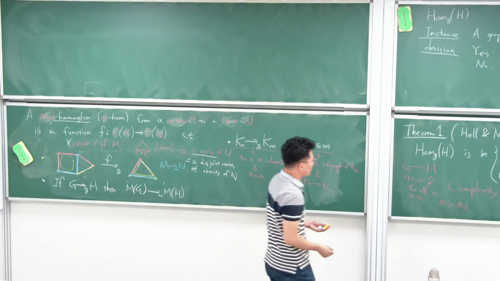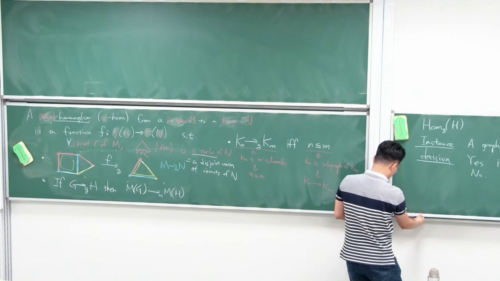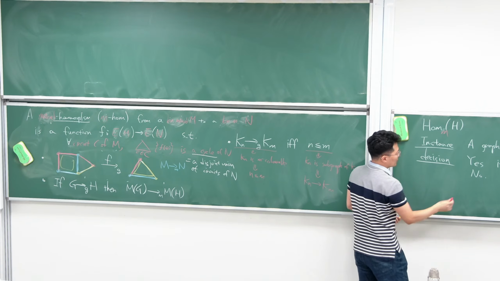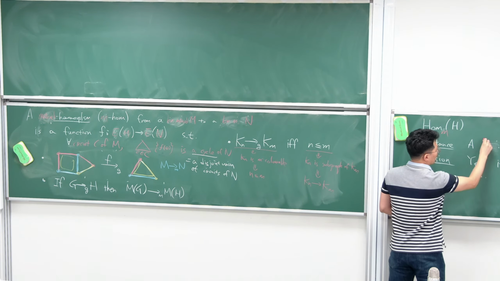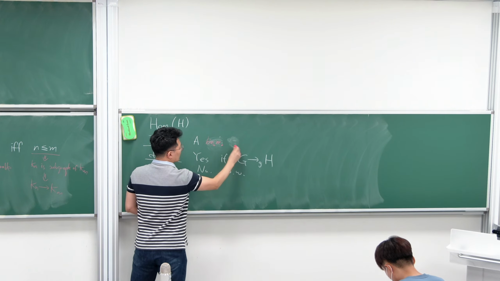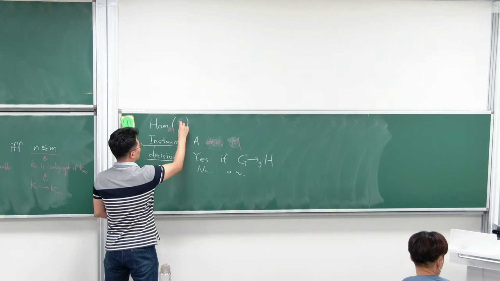Now we can see the same problem. I will use this as well. So here, for a binary matrix N, this one is yes if there's a matrix homomorphism from M to N, and no otherwise.